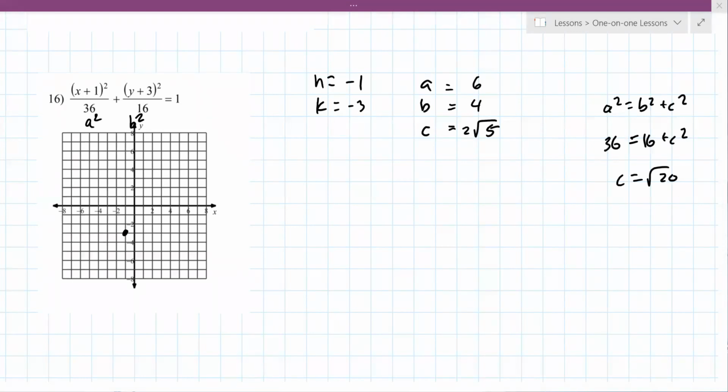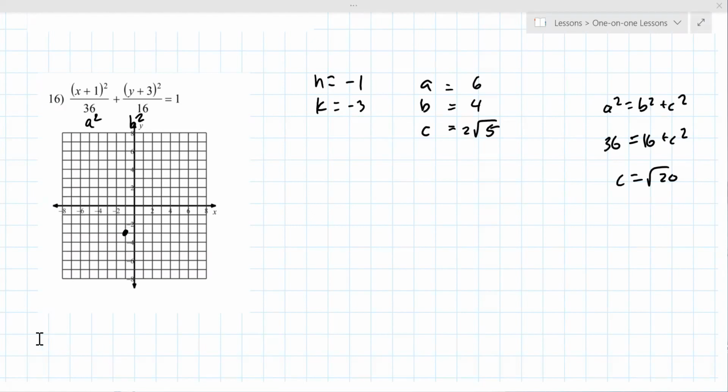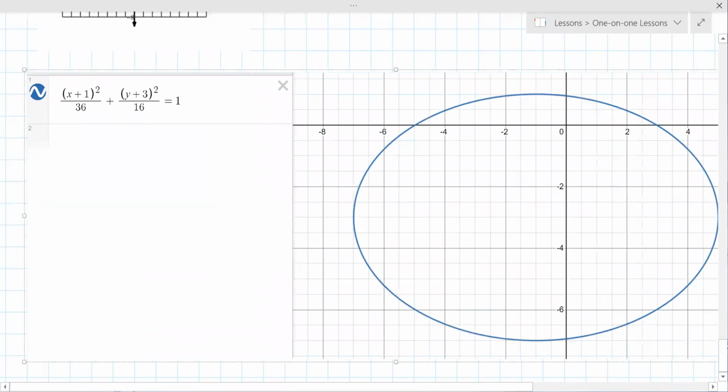This kind of looks like an egg, if you will, football. I think it's kind of important to see how to enter it into the software. So that's why I'm showing you that.